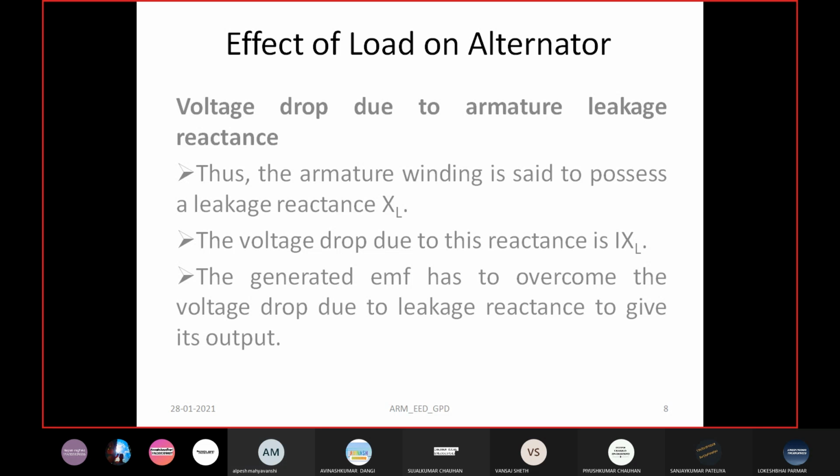The generated EMF has to overcome the voltage drop due to the leakage reactance to give its output. So the second voltage drop is the IXl drop, the voltage drop due to the armature leakage reactance, and it always leads the armature current by 90 degrees.